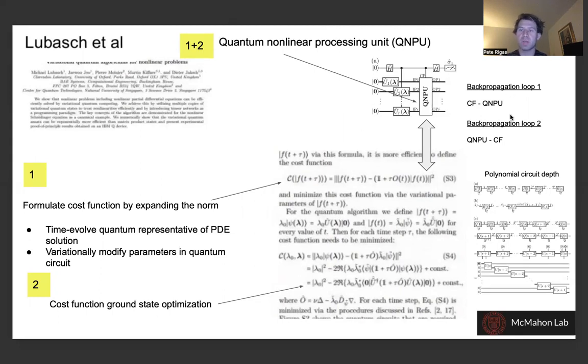In the first backpropagation loop, there's an interface between the cost function and the QNPU, in that the cost function informs the quantum readout, the measurements that we can extract from the quantum circuit. Backpropagation loop 2 goes from the QNPU to the cost function so that the optimization procedure can continue through variational parameter modification. And with circuits of polynomial depth, the authors report high fidelity in obtaining the solutions to these two partial differential equations.